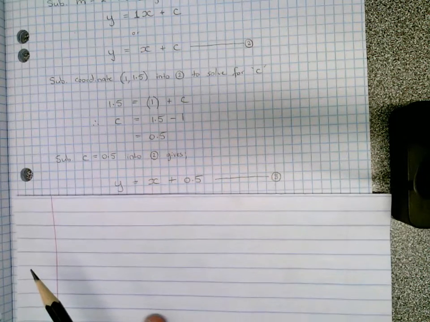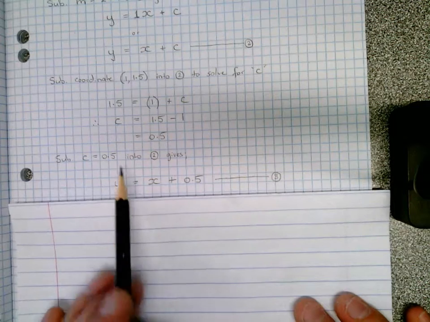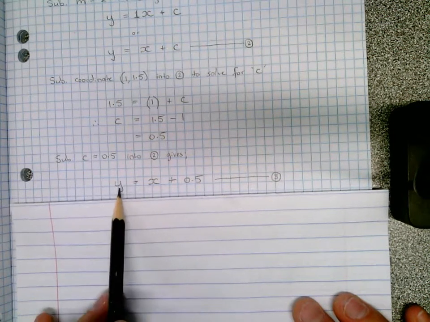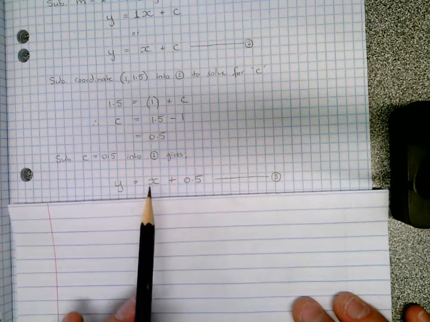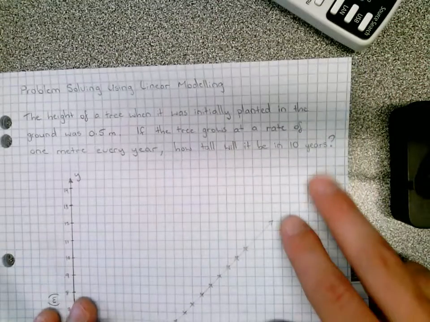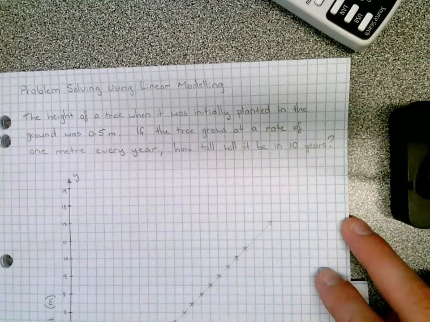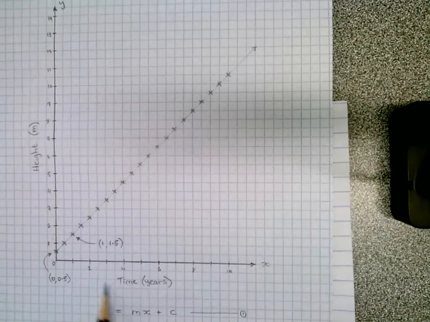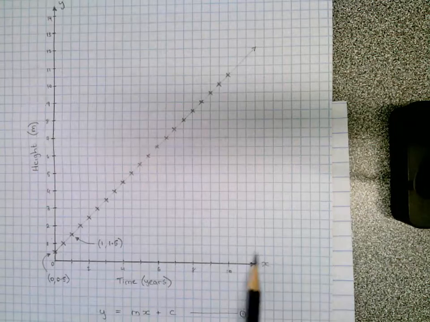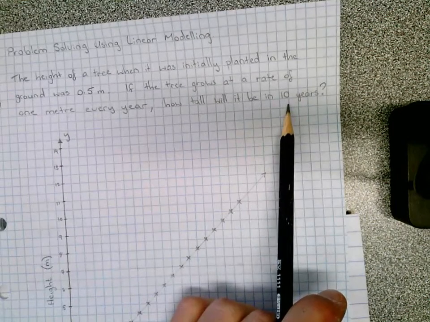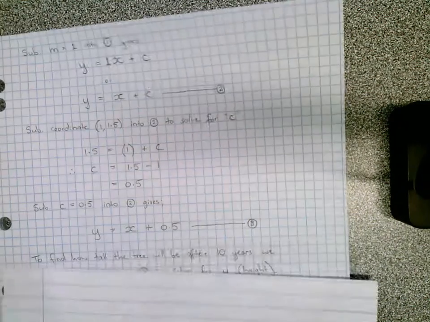Now, once I've got that equation, I can essentially calculate any x, y value given an x value or a y value. If I get given y, I can calculate x, and likewise if I get given x, I can calculate y. And that's important to answering the actual question, which is asking how tall the tree will be in 10 years. Now 10 years is a time, which is here on our x-axis. Therefore the x we are given is 10, and it's asking us to solve for y given x equals 10.